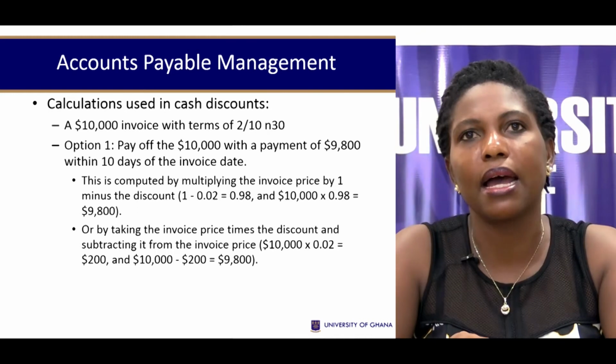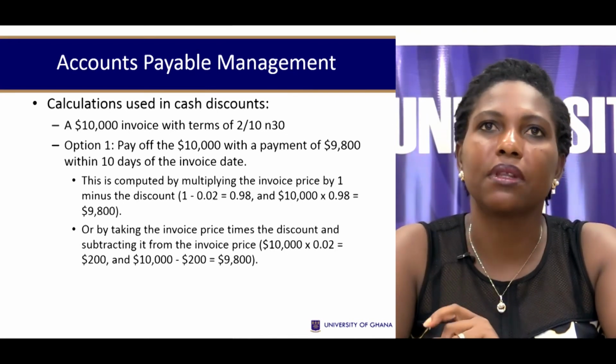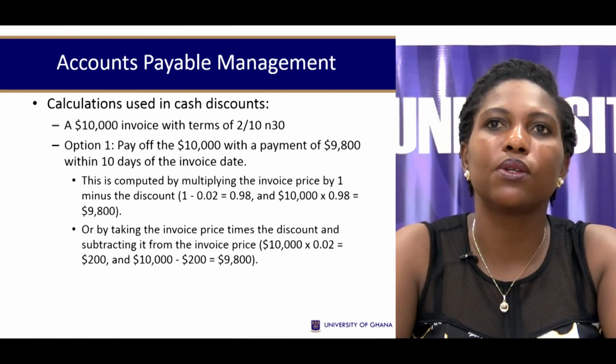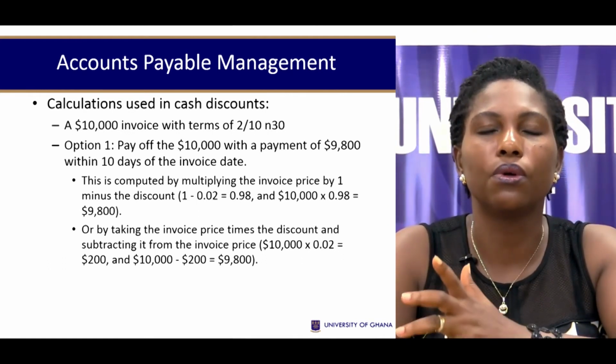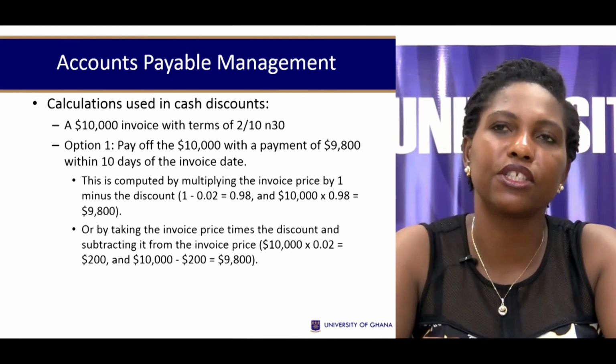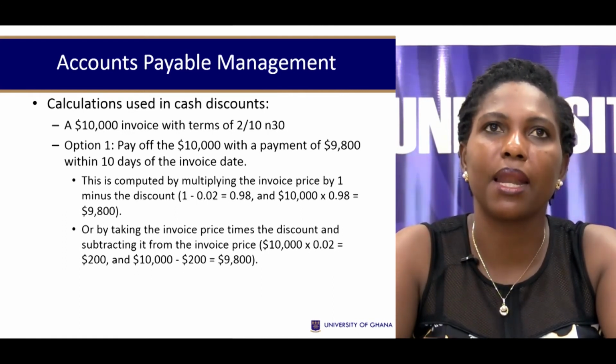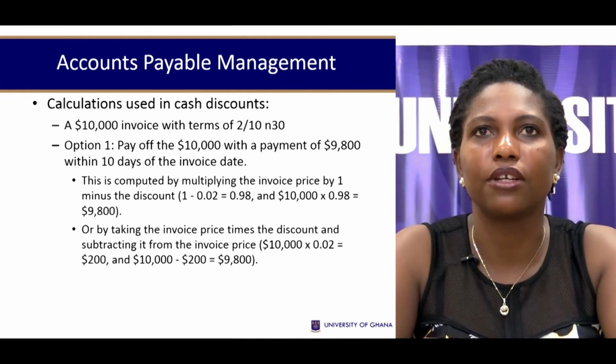However, on the other hand, if the cost of taking the discount is so huge in terms of the fact that if you take the discount, you lose out, then there's no point in wanting to borrow to settle such a bill, because then it is cheaper credit on the side of your supplier. It is advisable that you take it.